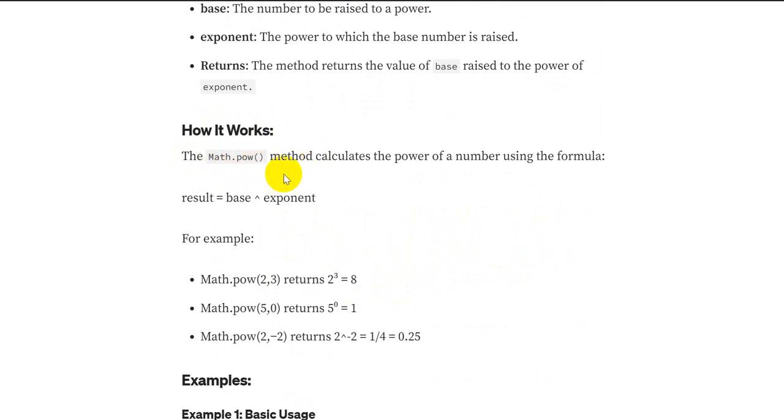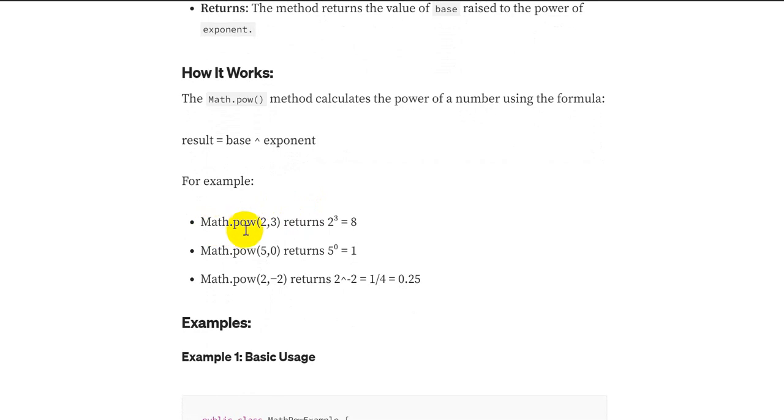The Math.pow method calculates the power of a number using the formula, result equals base to the power exponent. For example, Math.pow of 2, 3: this is the base, this is the exponent, 2 power 3 will be 8.